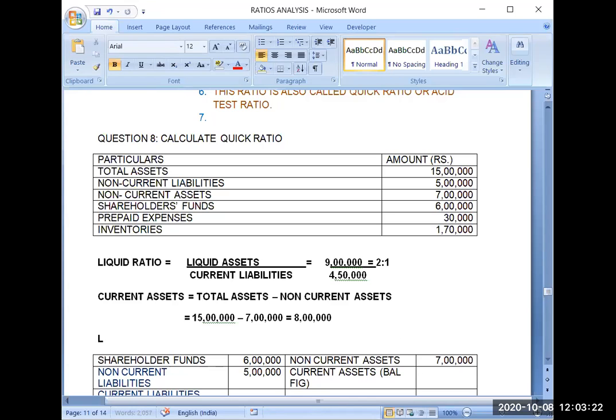Now I can calculate liquid assets. Liquid assets is equal to current assets minus inventories minus prepaid expenses.